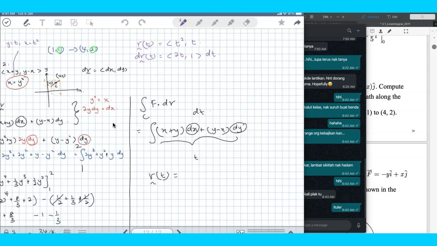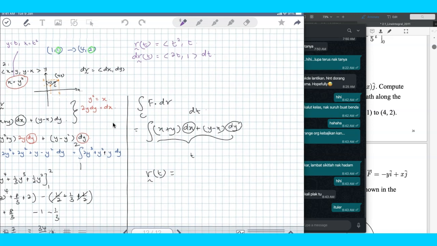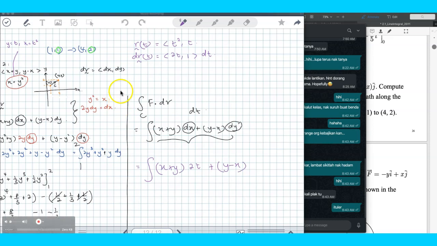And then you just have the f dot dr, meaning that you have to multiply your f. So your f is x plus y. So in this case, now your integration becomes the f dot dr. So x plus y multiplied by 2t plus y minus x multiplied by the component of the dy.